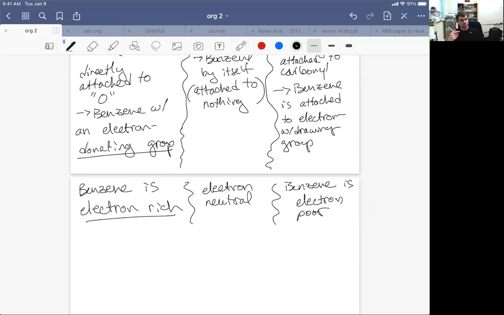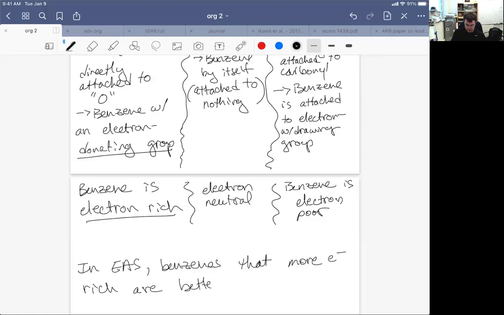Now, because benzene is the nucleophile in EAS, benzenes that are more electron rich are better nucleophiles. They have more electrons to donate.